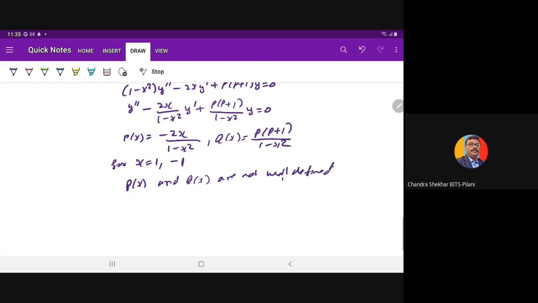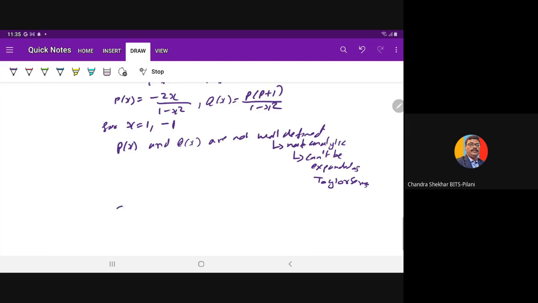Not well defined means not analytic, and not analytic means they cannot be expanded as a Taylor series. So this implies x = 1 and x = -1 are singular points.